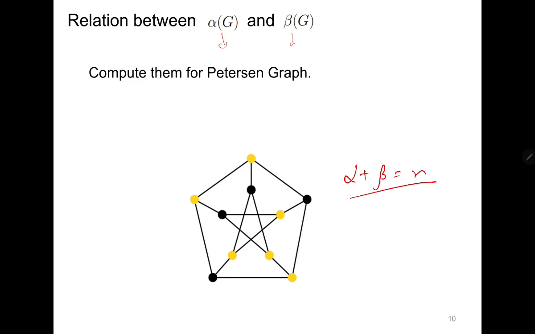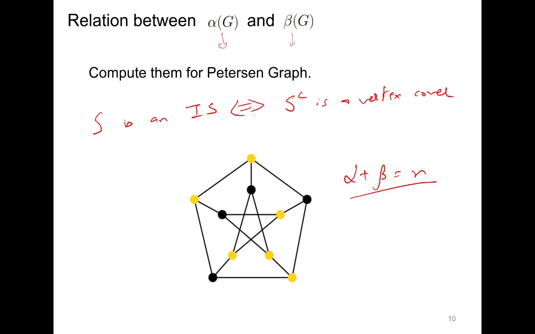To prove alpha plus beta is equal to n does not look obvious. But if I write this statement in this way, that S is an independent set if and only if S complement is a vertex cover, then of course their union always gives you the vertex set.